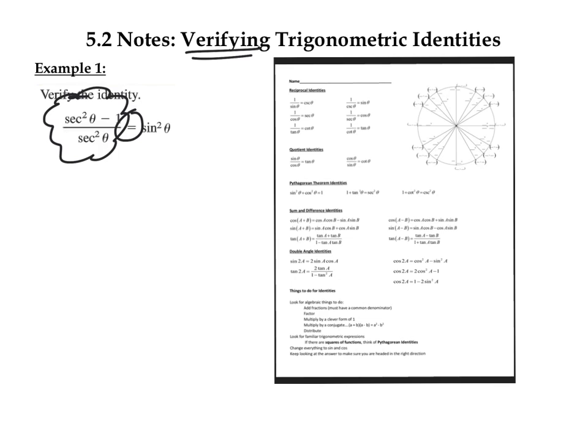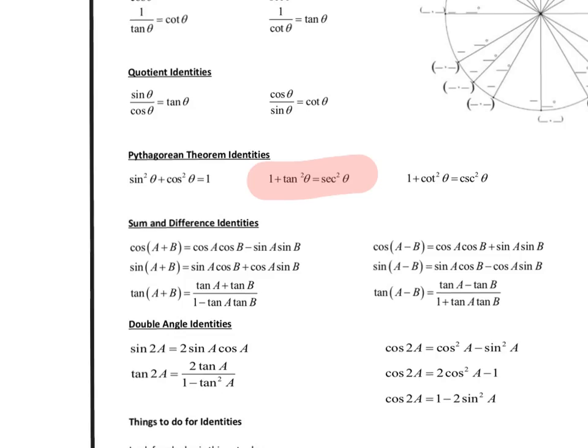If you'll notice, on the numerator, we have this secant squared minus 1, and one of my identities has a secant squared and a positive 1, and we know that we can manipulate that identity like so.